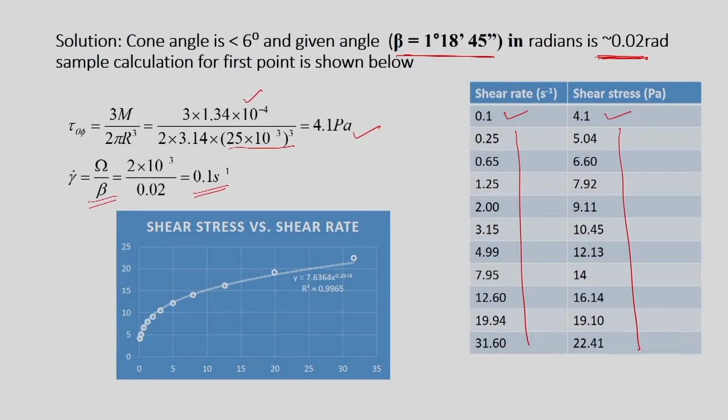When we plot the shear stress versus shear rate, we see that this fluid shows some amount of tau naught. After crossing this yield stress, it shows shear thinning behavior with n equal to 0.2974, m equal to 7.6364 Pascal second power n, and tau naught approximately 4, or 3.5 Pascal, something like that.